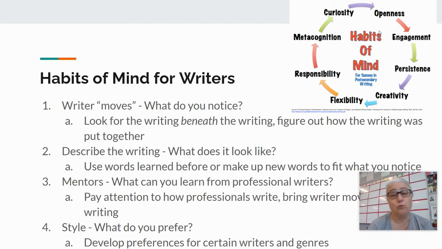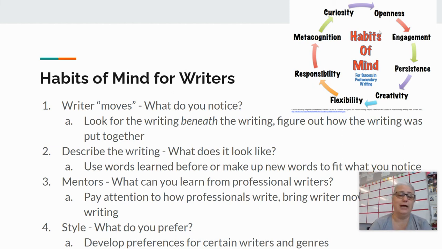And finally, we're going to look at style. What do you prefer as a reader and as a writer? What style do you like? And you're going to start developing your preferences for certain writers and also for certain genres of writing. So you're going to take a look at tone.